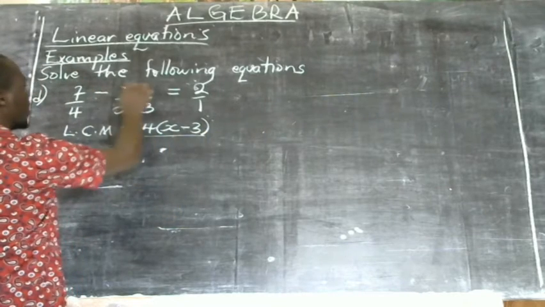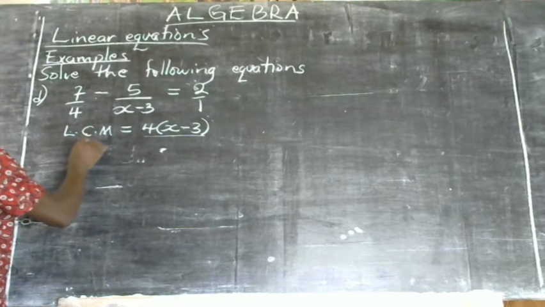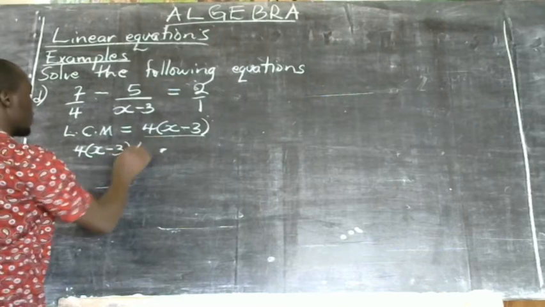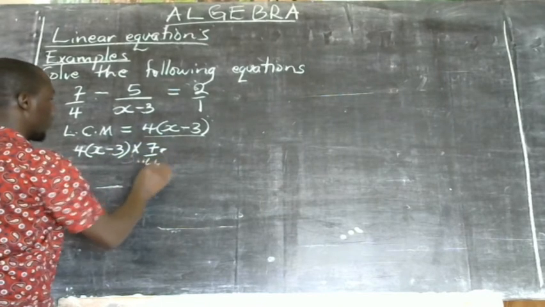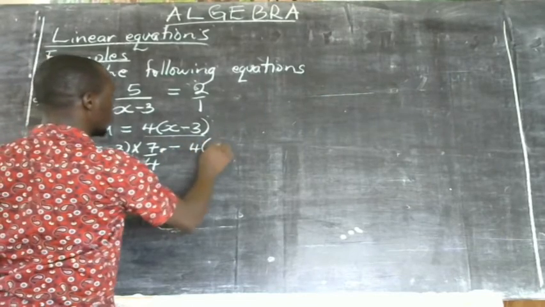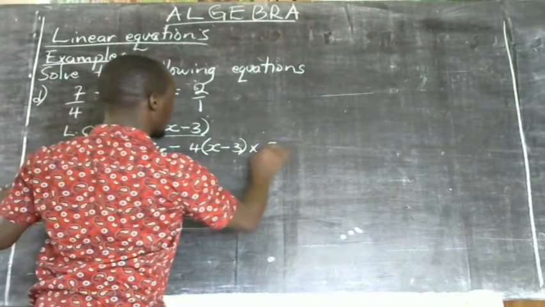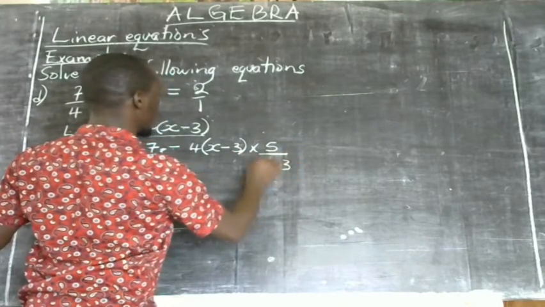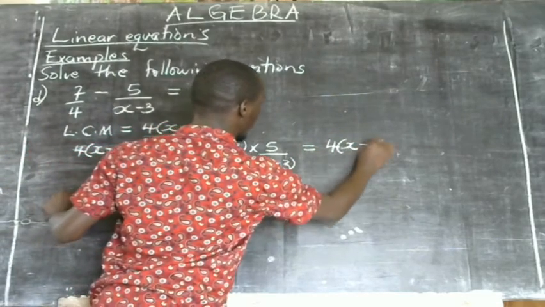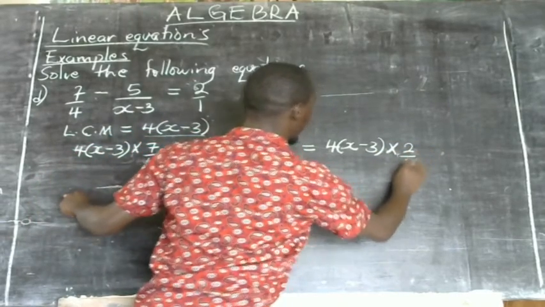I multiply it throughout each term in the equation. This is going to be 4 into x minus 3, then times 7 all over 4, then minus 4 into x minus 3, then times 5 all over x minus 3 is equivalent to 4 into x minus 3, then times the 2 all over 1.